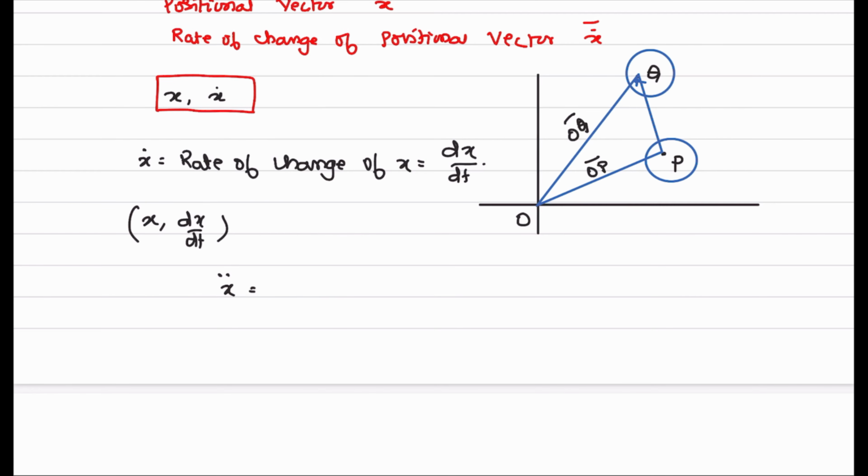For example, we will make it further clear. x double dot, one more dot means one more differentiation with respect to time, d by dt of x dot, that is equal to d by dt of dx by dt, that is equal to d square x by dt square, which we call acceleration. So x is displacement, x dot is velocity dx by dt, and x double dot is acceleration.